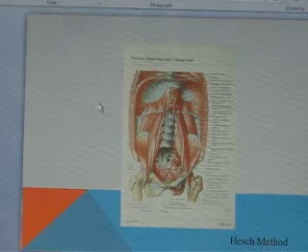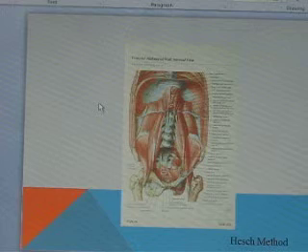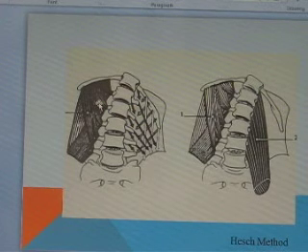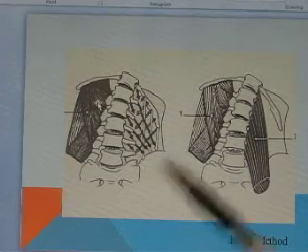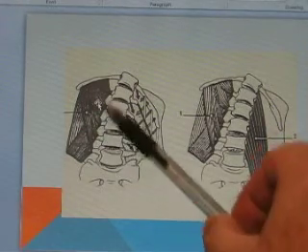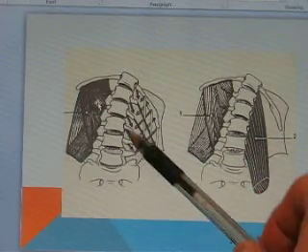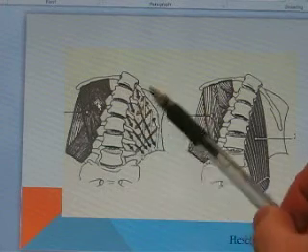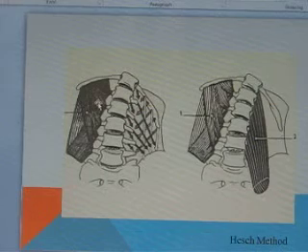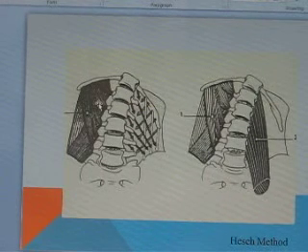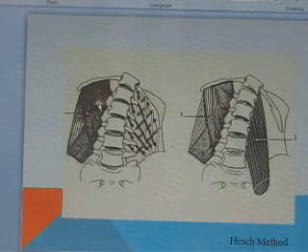And the view here of the quadratus lumborum shows multiple different angulations of the fiber. These are arrows here, arrows here, arrows here, multiple directions. We should probably color that graphic for you, but it's a remarkably complex muscle, and you can't get your hands on all parts of it.